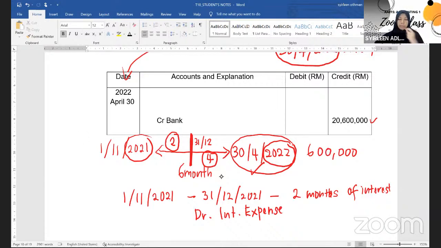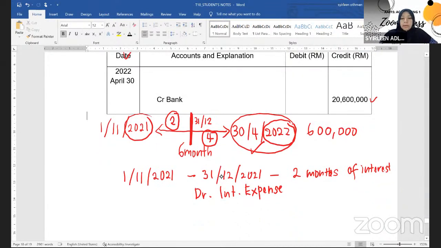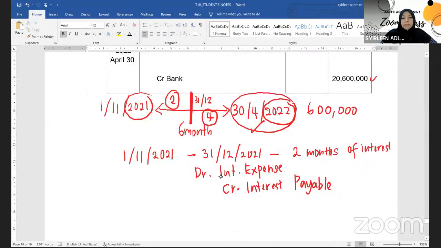But the payment will be made next year. Okay, so we will credit interest payable. Okay, how much? You understand, right? Alright, that 600,000 is actually for 6 months.